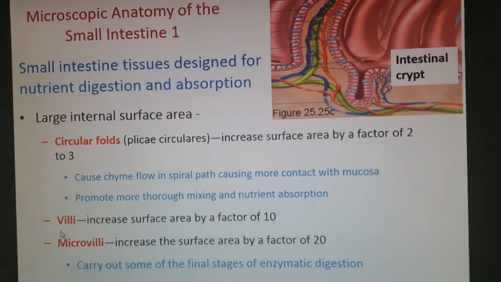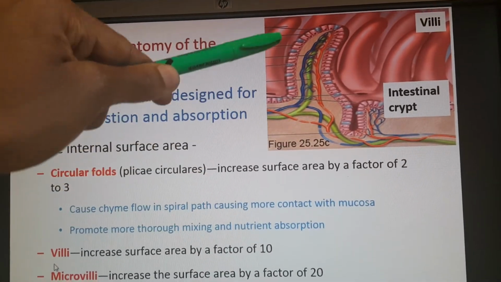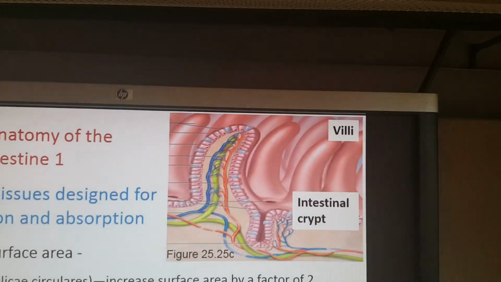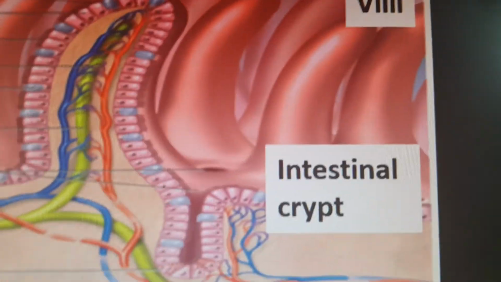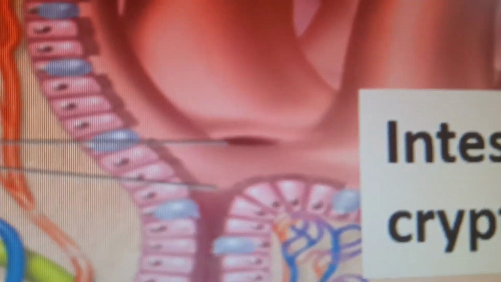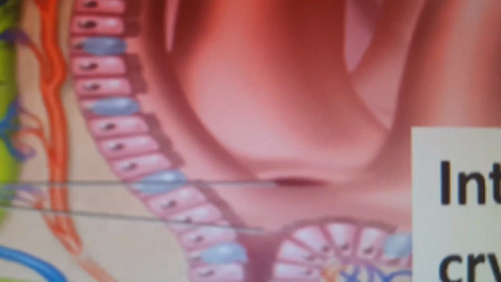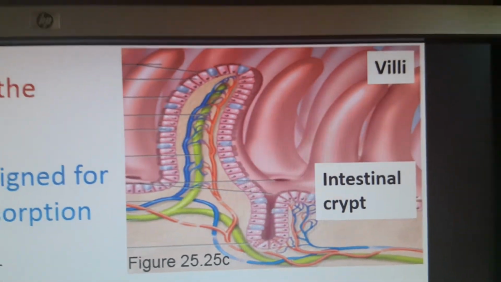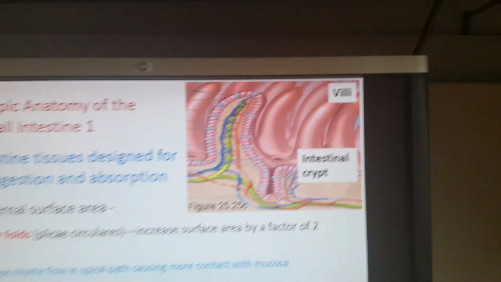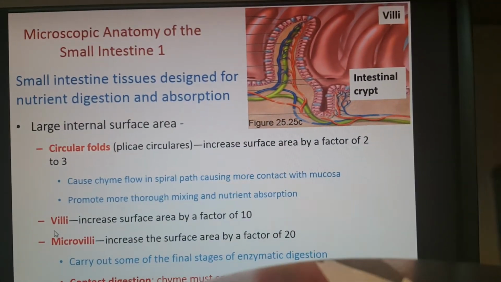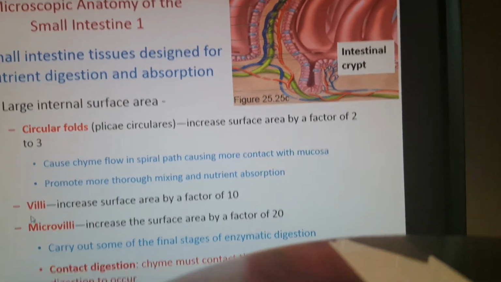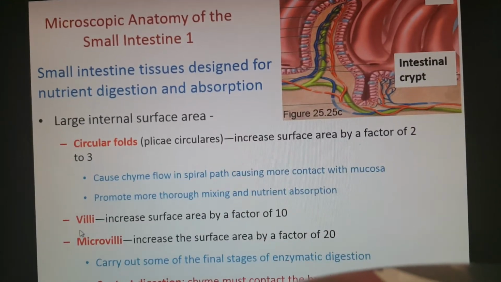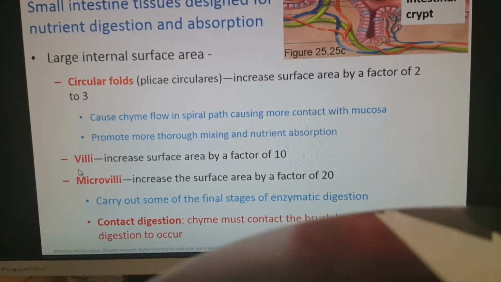So you have these larger villi, which are the more finger-like folds, and then, you might not be able to see it too well, let me just zoom in, the microvilli, which are on that brush border on those cells, helping to again increase the area for absorption, allowing your small intestines to absorb more of the nutrients that you have eaten.